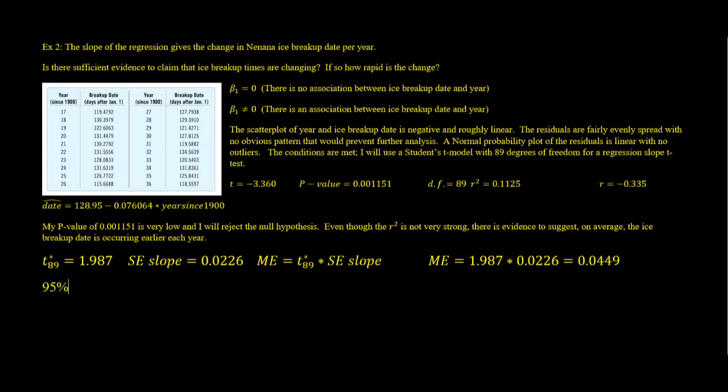Our confidence interval is the slope plus or minus the margin of error, so we have negative 0.076064 plus or minus 0.0449, which gives us an interval of negative 0.121 to negative 0.031.